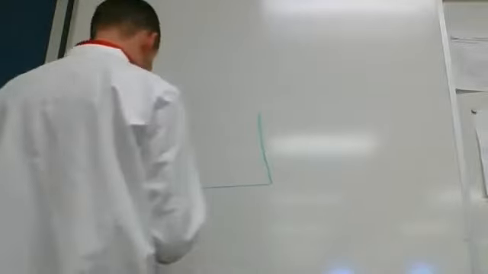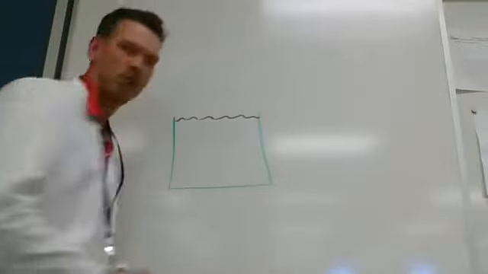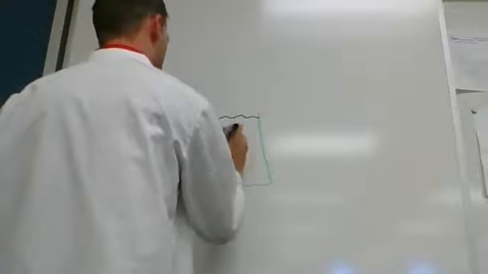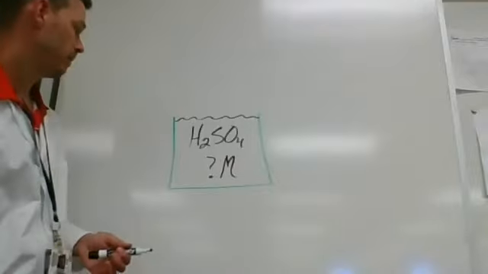So to show you the way that it basically works. All right, here's the acid that's just sitting back there. I said sulfuric acid, so let's say that that's what it is. And again, the issue is that I don't know how strong it is.